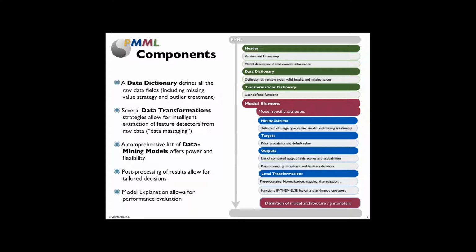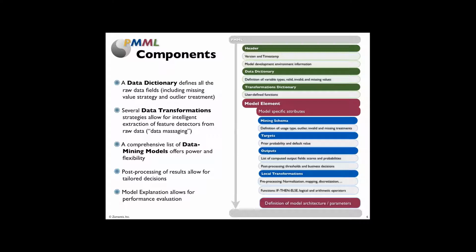Having said that, I'll be using part of it later, so let me go over the main parts of PMML. A PMML model, as I said, includes the whole modeling process information. On the right-hand side, you see a basic schema of the model. You start the model, and you have a data dictionary, which defines all the raw data fields, the input variable names, so it lets you know what you expect as the input.